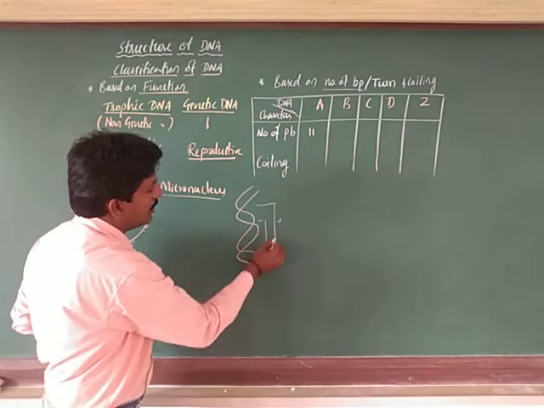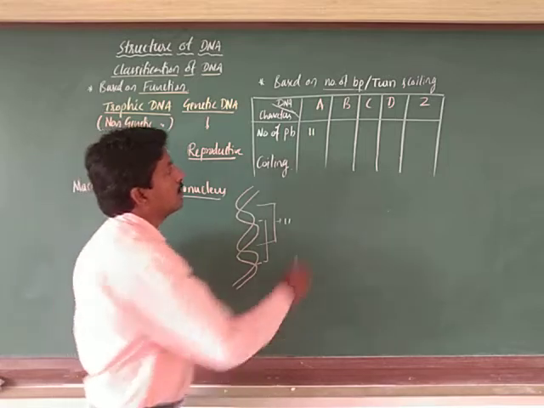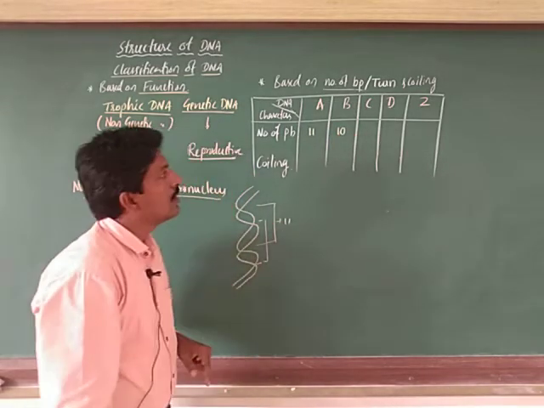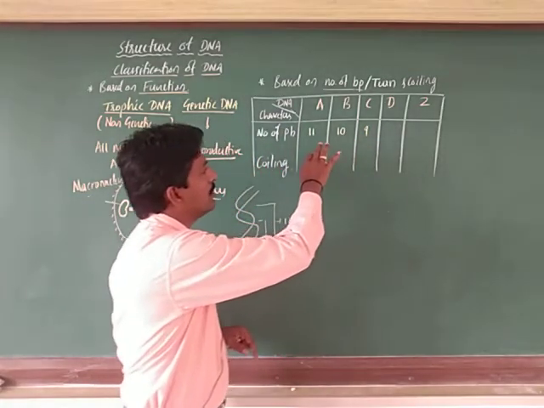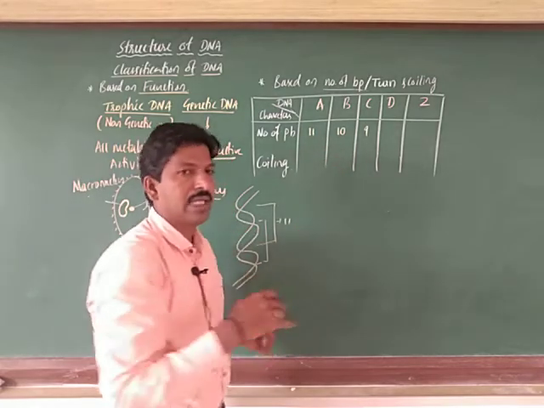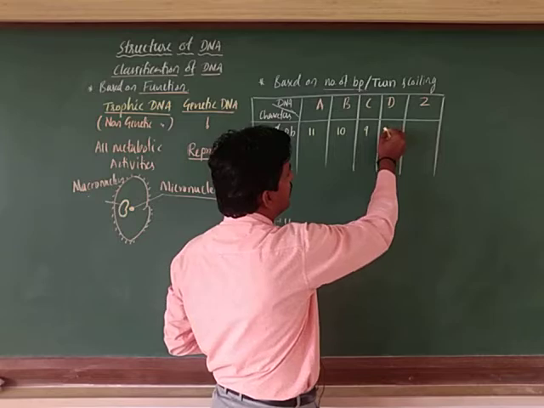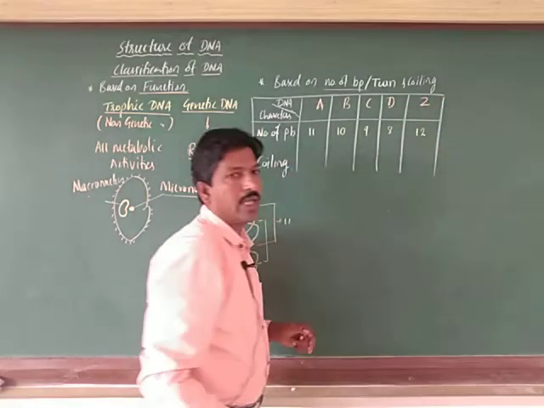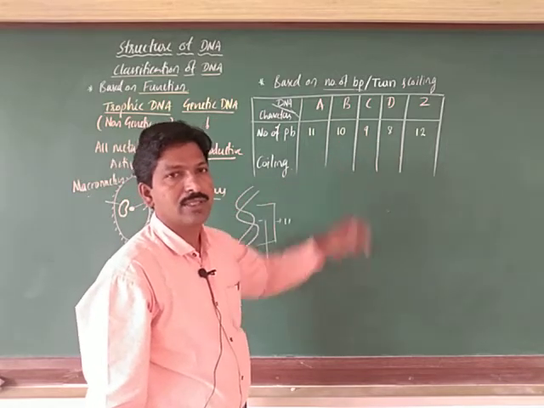B form has 10 base pairs. The C form has about 9, somewhere between 9 and 10. The D form has 8, and this one is 12. Even approximately 9.33 is also considered.